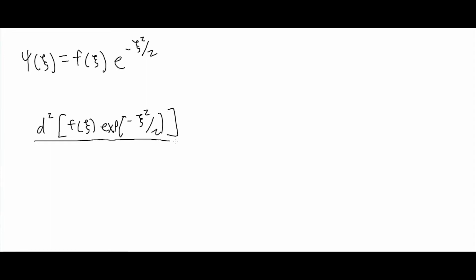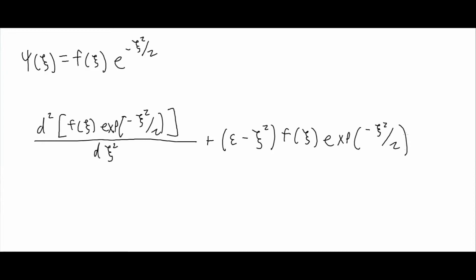And so this is what our function has now become. So that is with respect to xi: the second derivative of our function with respect to xi plus our epsilon minus xi squared times our f of xi times the exponential of minus xi squared over 2, and that is still equal to 0.